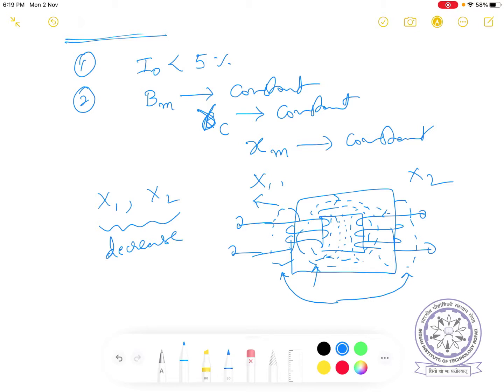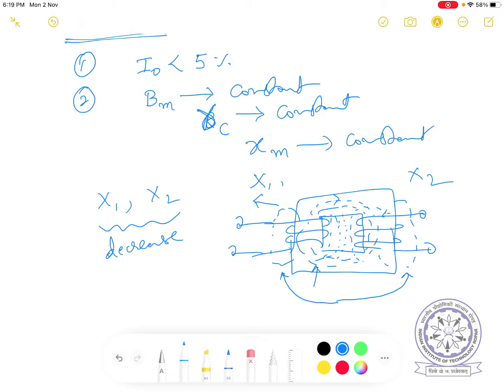It can be neglected. From the practical point of view, it has no effect at all. Please remember, from practical point of view, it has no effect at all. But in fact, it will reduce.